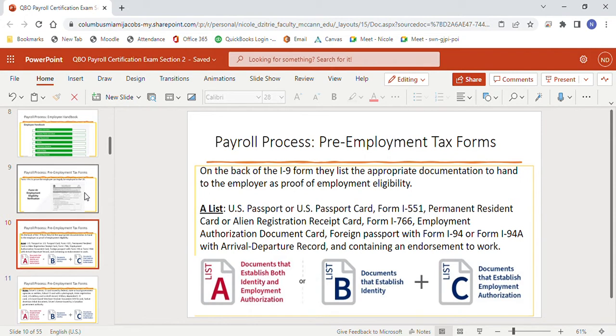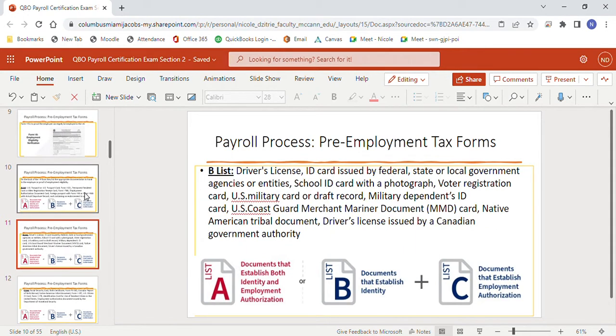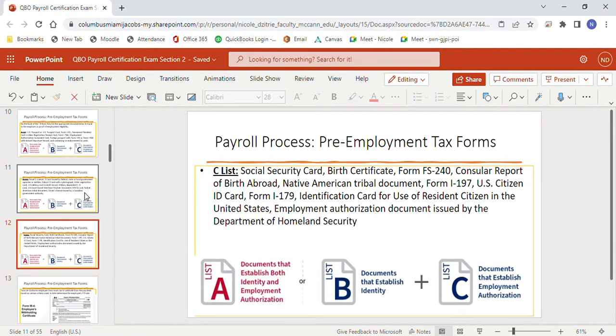So you can either give one from list A or one from B and one from C. A normally right away is either the U.S. passport or permanent resident card, alien registration receipt card. B list would be driver's license or any type of federal, state, or local ID. Then C list, you can stop and record any of this, but C list most commonly uses social security card or birth certificate.